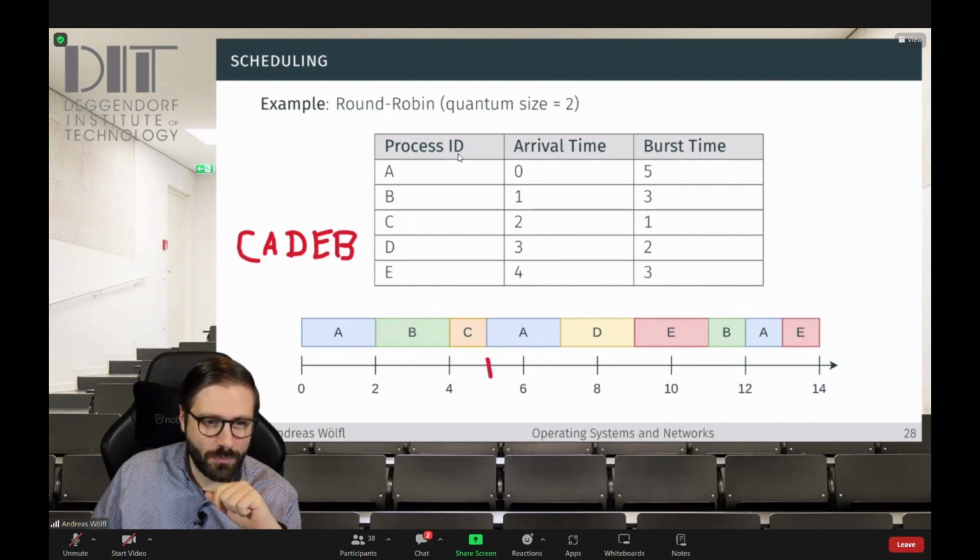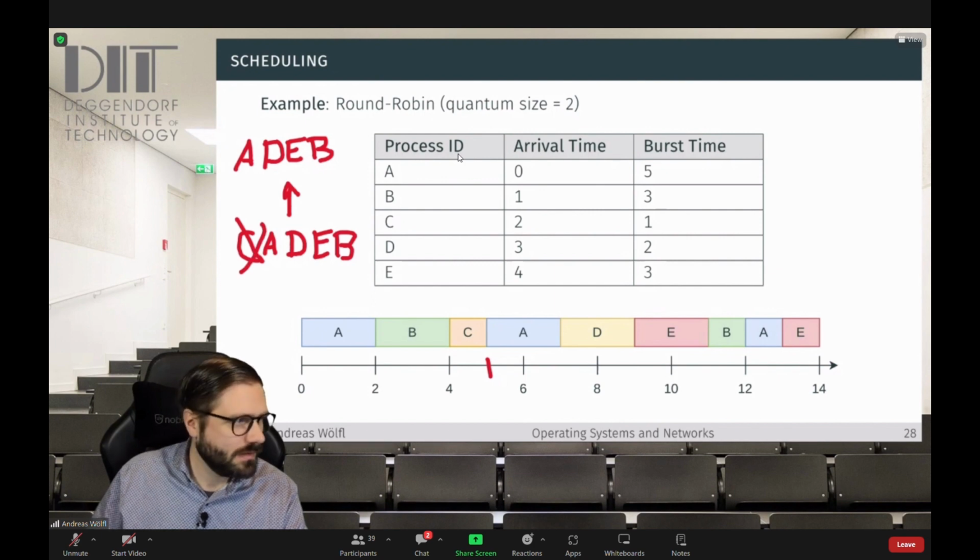On time 5, C has a burst time of 1, so it completes after 1. The list goes from C, A, D, E, B to A, D, E, B. We cross C out, because C is leaving, and our next in the list would be then A. So A is executing.